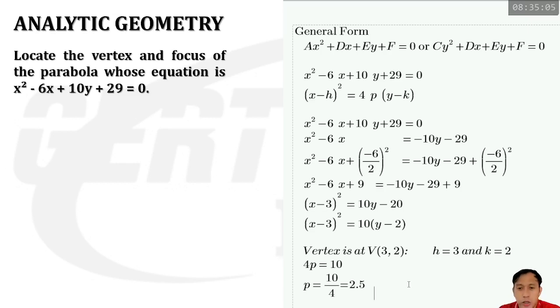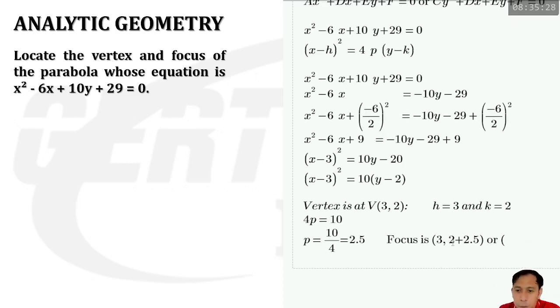So, then how? Well, another question: where does it open? It opens upward, because again, this is positive. It opens upward. So if it is upward, the focus should be at what? 3 and 2 plus 2.5. Okay, why 3, 2 plus 2.5?